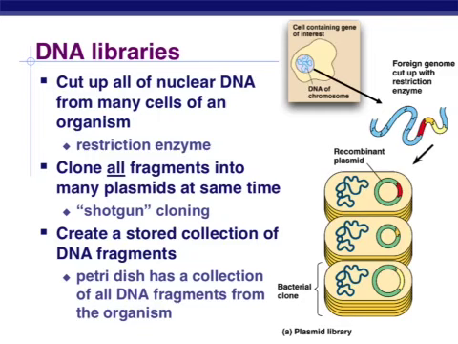It's a technique that we call shotgun cloning. And then you store the collection of DNA fragments. And you can do that in a petri dish or, there are lots of different methods for storing them now. But essentially what you do is you have a whole bunch of different kinds of DNA from lots of different organisms, and you know exactly where to find them. It's like a library.